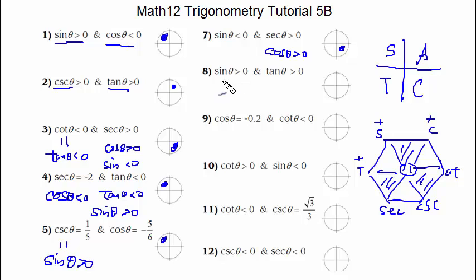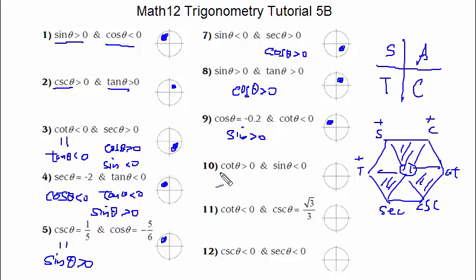Sine theta bigger than 0, tangent bigger than 0, so the cosine function must be bigger than 0, first one. Cosine less than 0, cotangent less than 0, so the sine function must be bigger than 0 here. Sine bigger, cosine less, which is the second one.